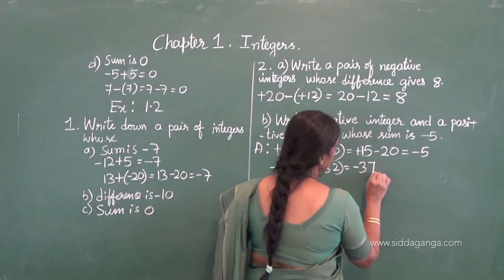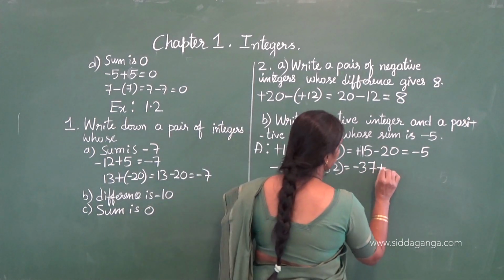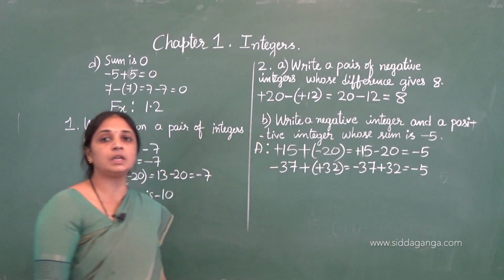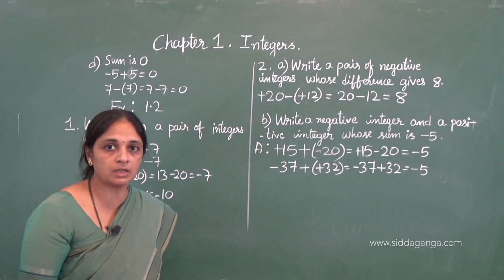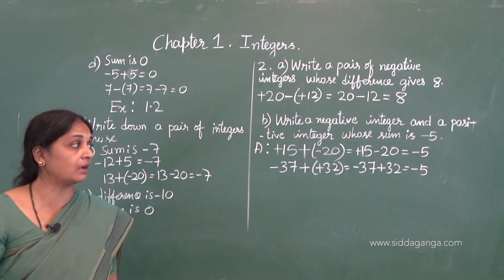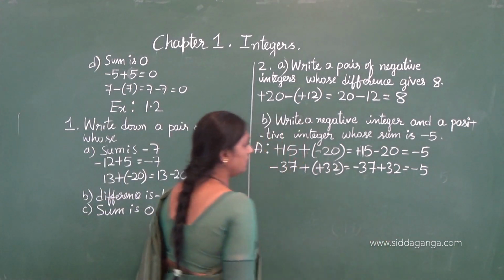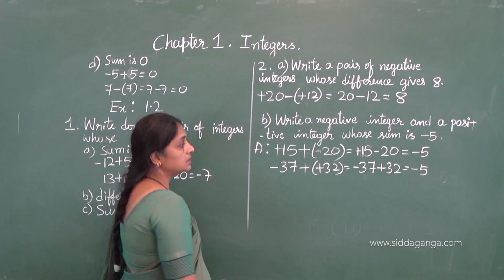Minus 37 plus into plus is plus 32, then we get minus 5, because we are taking out 32 from 37, and 37 has the minus sign. This is a negative integer, so we get a negative integer as the sum.